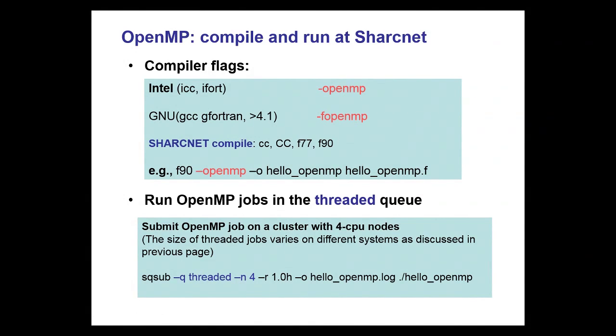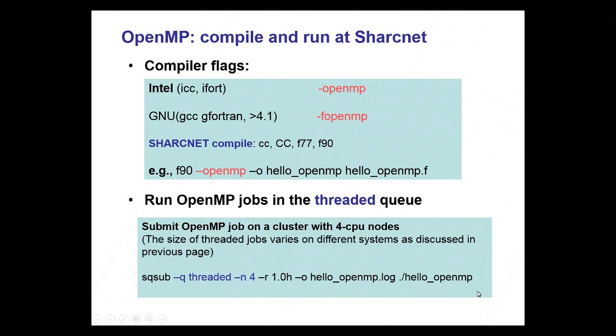Once you compile the code and there's no problem, you will submit a job to the threaded queue. We have this threaded queue specifically for OpenMP and pthread code.